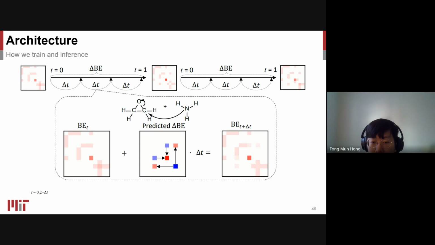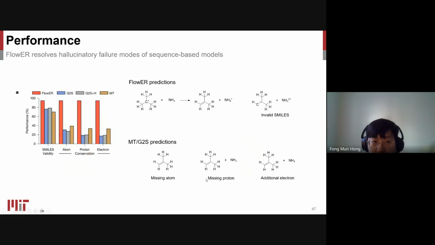All right. So let's talk a little about the performance of the model. Going from the mass conservation, this is where we see that almost all of Flower's predictions are valid SMILES, and at least the atoms, the protons, and also the electrons are all conserved.